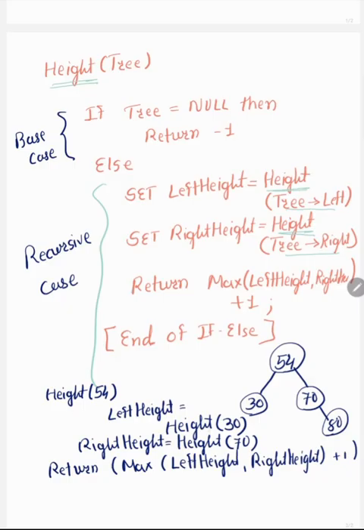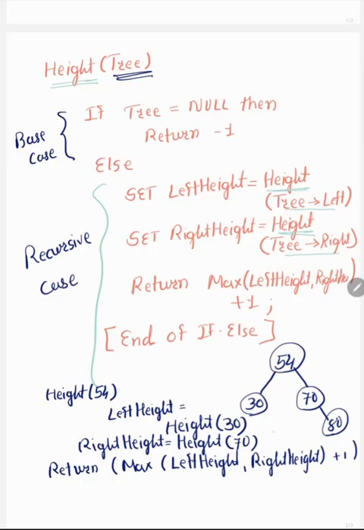So again, for height of 30, recursively it will go to this same function. If we go for 30, then again it will set the left height. Height of tree's left, what is tree's left? That is null.